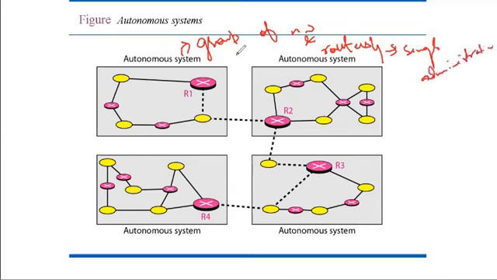Routing inside an autonomous system is referred to as intra-domain routing. The term is intra-domain. And routing between the autonomous systems is inter-domain routing.